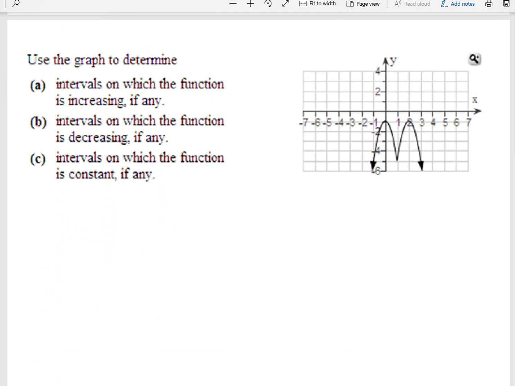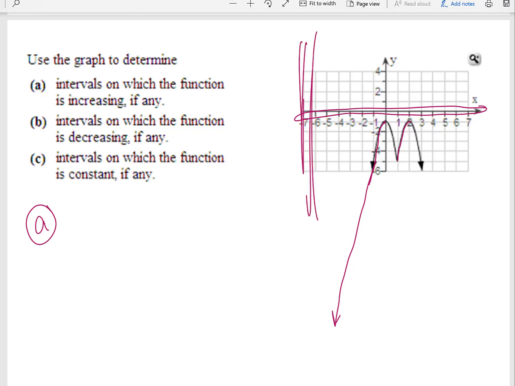Okay, so intervals on which the function is increasing, decreasing, or constant. So increasing, I see increasing right here before it starts to decrease, but I also see increasing right here. So remember, we're always answering in terms of the x-axis. So domain, right? What part of the domain is my graph increasing? Well, we know that this arrow will just keep going, going, going, right?